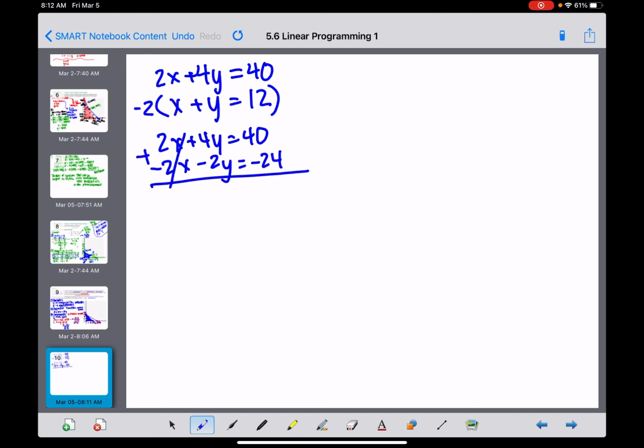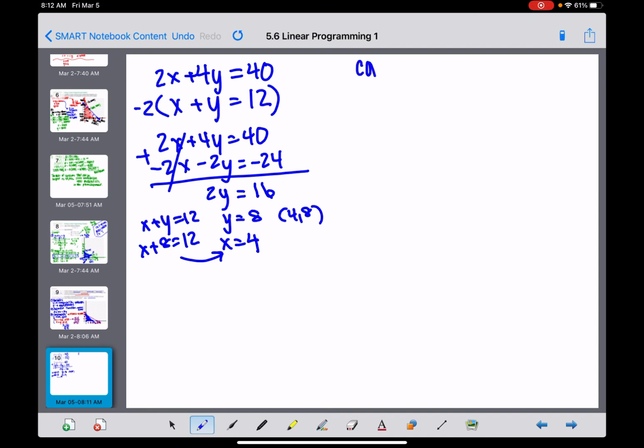So add, cancels our x's. We get 2y equals 16. So y is going to equal 8. And then we plug that back in, so x is equal to 4. And so you can plug it back into x plus y equals 12, so x plus 8 equals 12. So x equals 4. So one of our corner points is 4, 8.